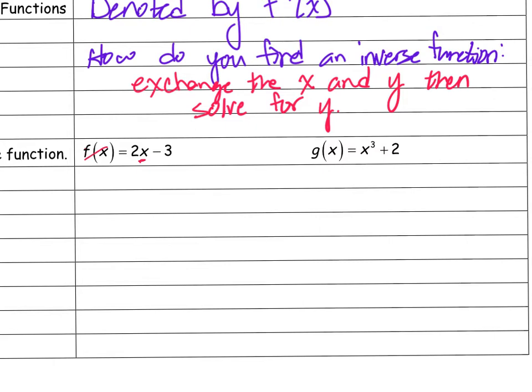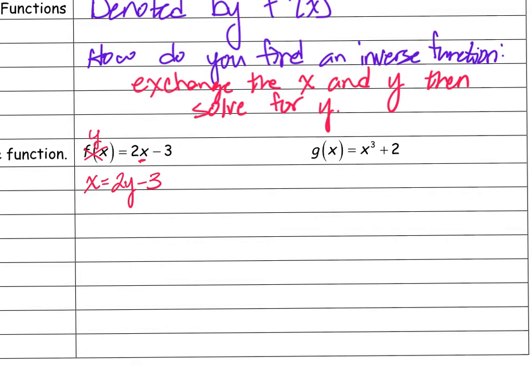Another word for y is f of x. So this is y equals 2x minus 3, right? So how do I find my inverse function? It says I take my x and my y and I exchange them. So that would be x equals 2y minus 3. So I just took the x and put it where the y was, and took the y and put it where the x is. And then it says solve for y.